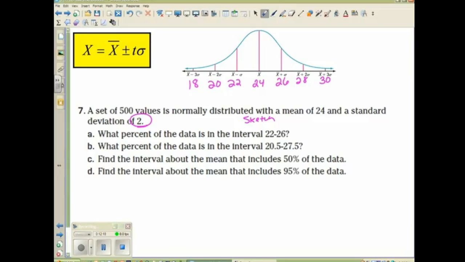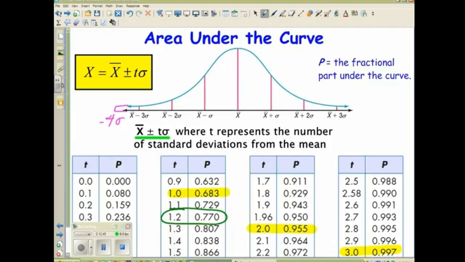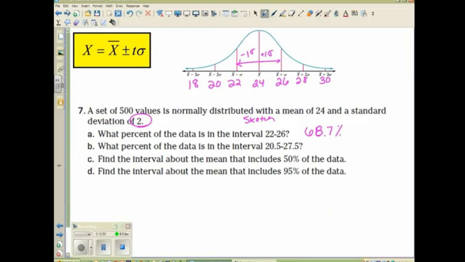The first question asks, what percent of the data is in the interval 22 through 26? So right in this bandwidth, notice how this is 1 standard deviation above and 1 standard deviation below. That would be 68.3% of the data.